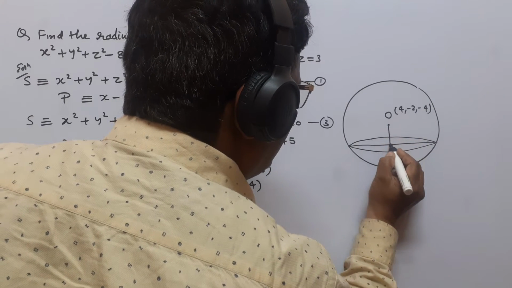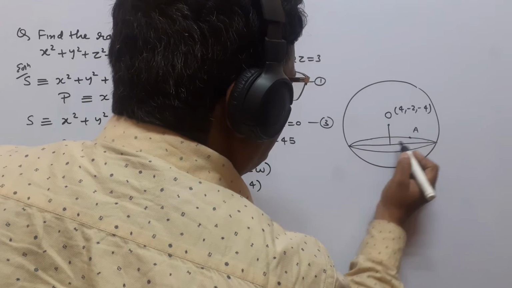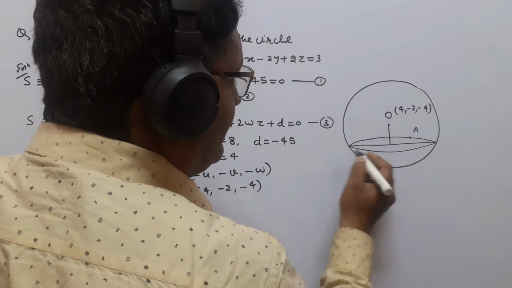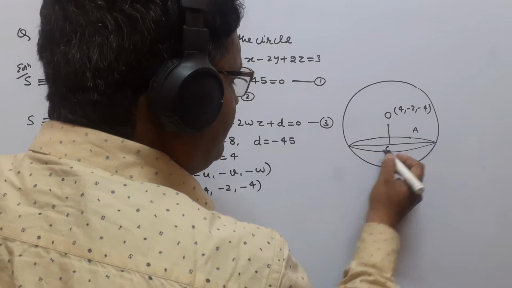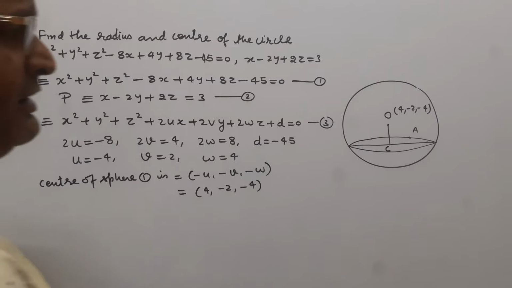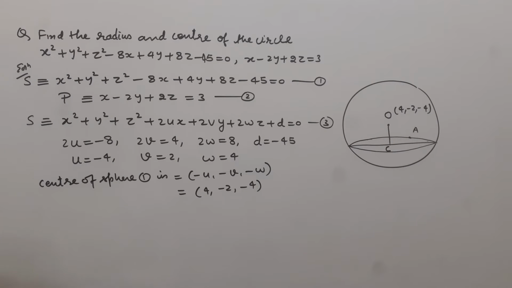Suppose this is the circle, and suppose this is a point on this section of the sphere by the plane second. So OC is the perpendicular drawn from center on the given plane second. Here C be the foot of the perpendicular drawn from center on the plane.